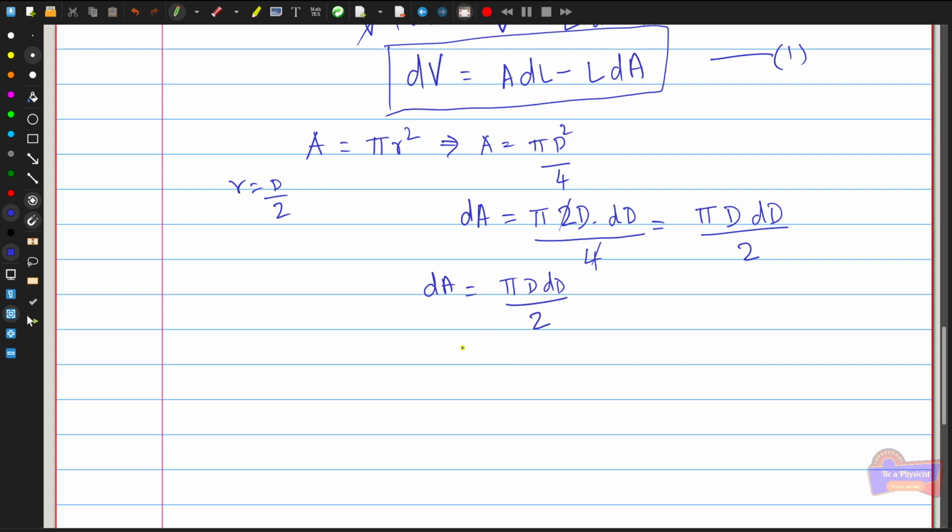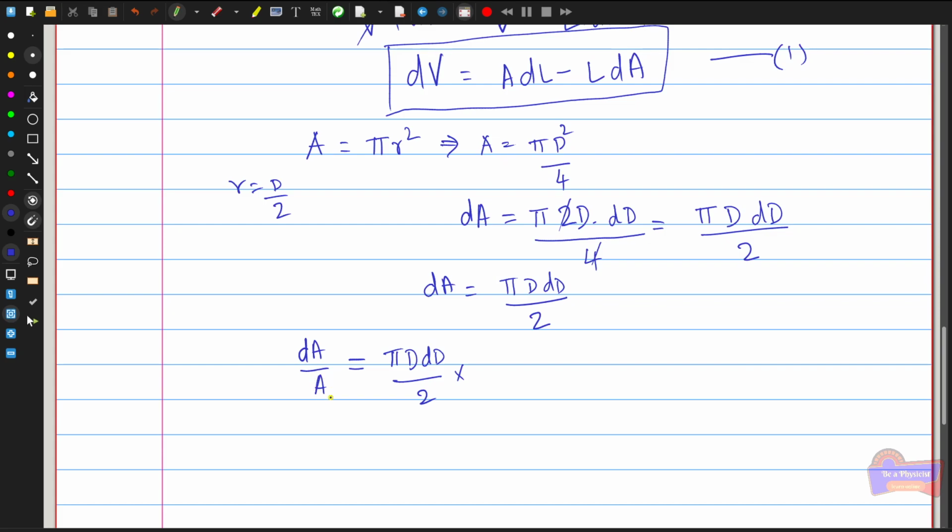Okay, so I can take the ratio dA divided by A, which is the rate of change of the cross section. I can write this as pi d dd divided by 2 into the area, which I already have as pi d squared by 4.